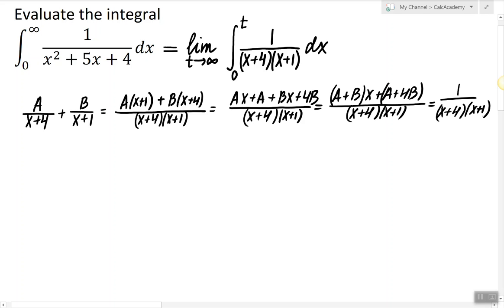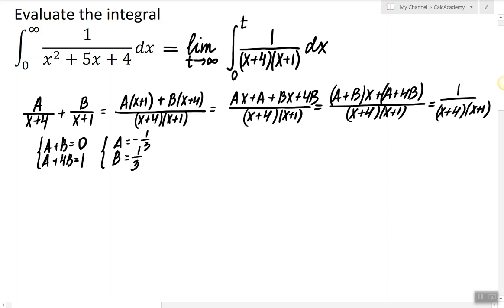That means that the coefficient of x is 0, that is a plus b is 0, and the free coefficient a plus 4b equals 1. So that gives us a system of two equations in two variables, which we can easily solve by subtracting one equation from another and finding a and b.